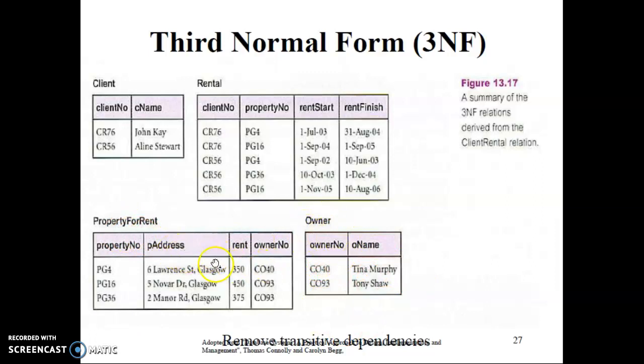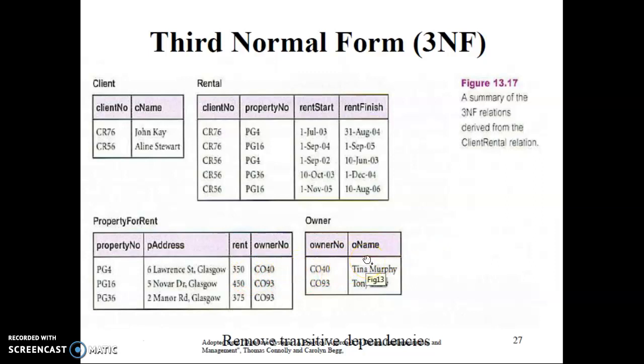So in this property for rent, we have property number, P address, rent, owner number. So all these non-key attributes are depending on the single primary key property number. So no transitive dependency. So here in this smaller table owner also, owner name is depending on owner number, that is single primary key. Now the property for rent and owner relations are in third normal form, as there are no further transitive dependencies on the primary key.